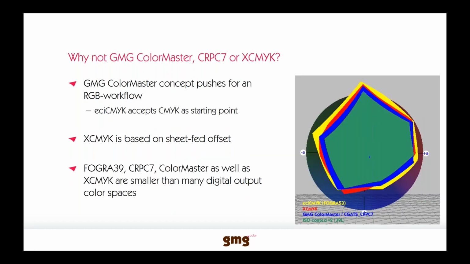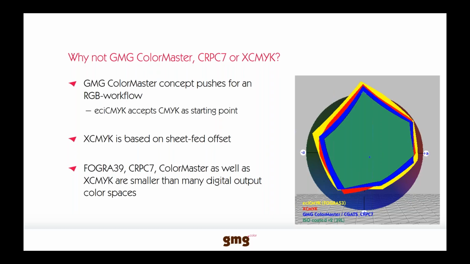There are already a lot of exchange color spaces in the different areas, so the idea of having an exchange color space is not new. For instance, we have the GMG Color Master. So why not use these existing color spaces?